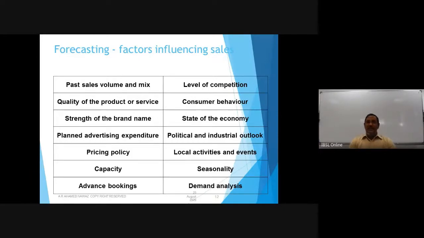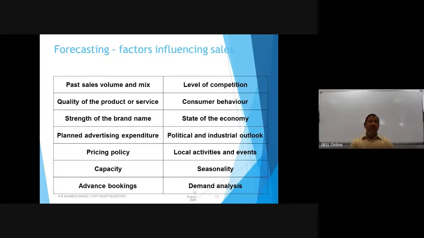Finally come external activities, the state of the economy. If you have a growing economy, we can see that most of the businesses are growing. In the past one year, you will observe the economy was not growing. Most of the businesses were stagnating or could not move. Most of the businesses could not service our loan facilities.